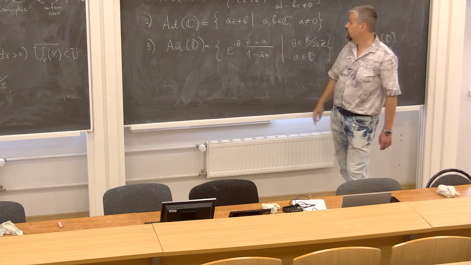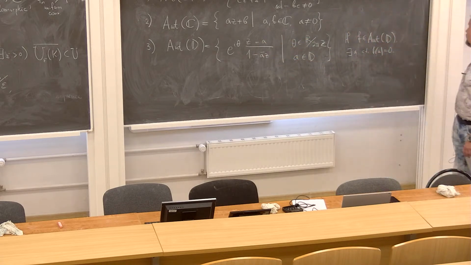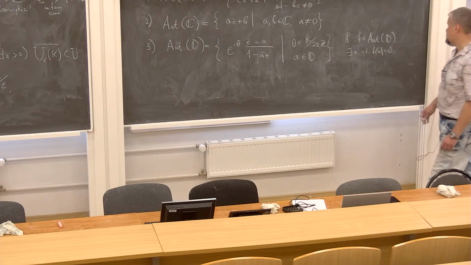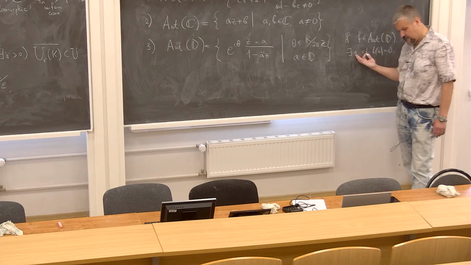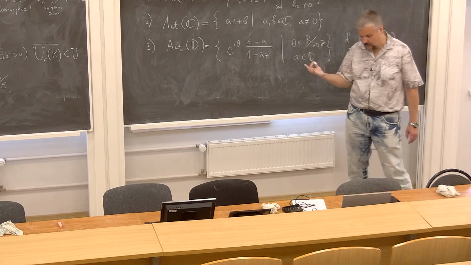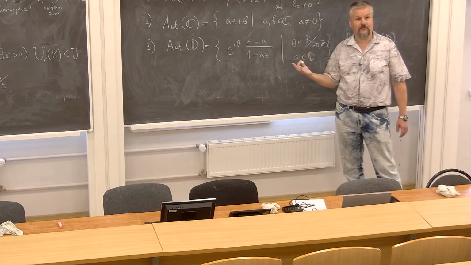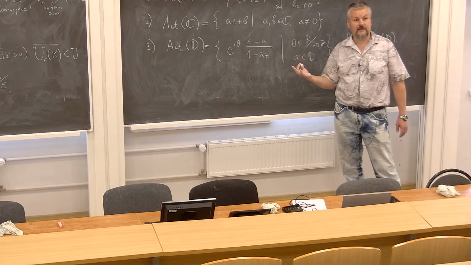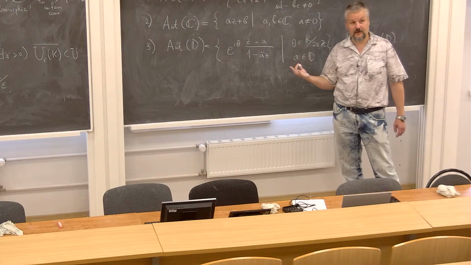So in general, maybe this was not the right place to start. The first place to start is that if you have a conformal automorphism of the disk, then it can be extended as a conformal automorphism of the entire sphere.